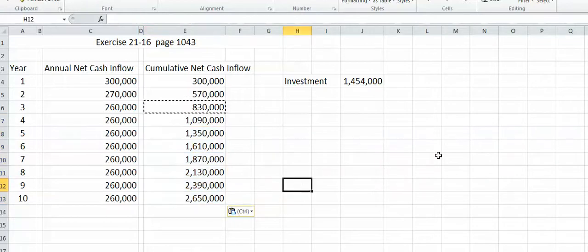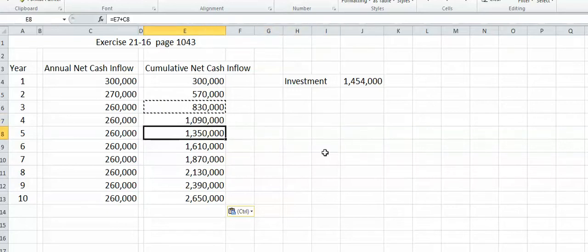Right? Okay, here's the amount of our investment, $1,454,000. And they want to know at what point in time is that initial investment going to be paid back. Payback period, one of the initial screening tools used for a capital budgeting investment decision.